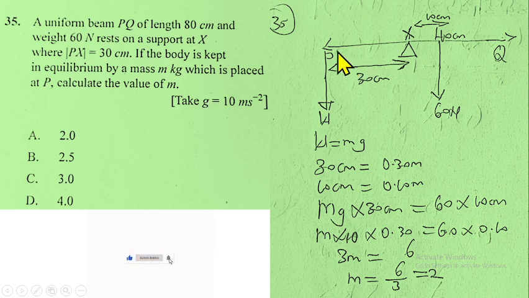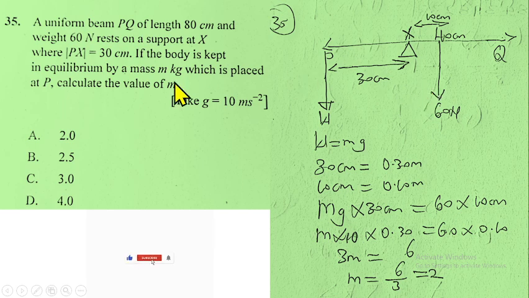So let's continue. If this is the meter rule PQ, and it is a uniform meter rule of length 80 centimeters, that means it should balance at the middle, which is 40 centimeters. So you place the weight, 60 newtons, at that point.